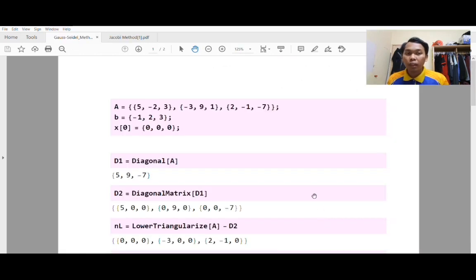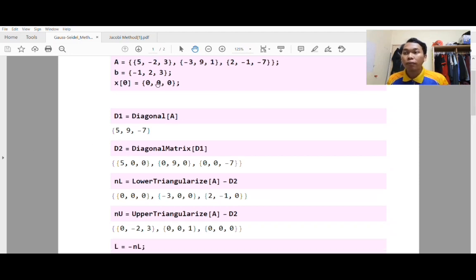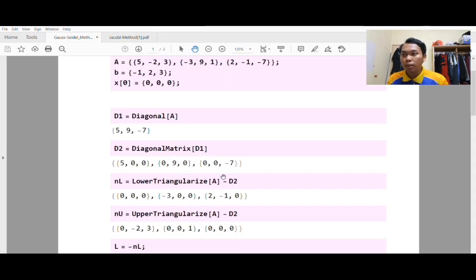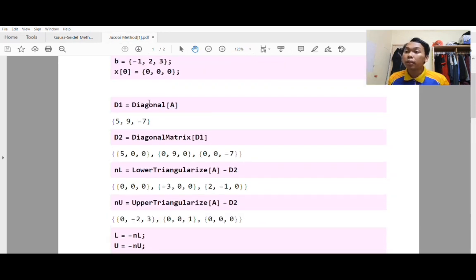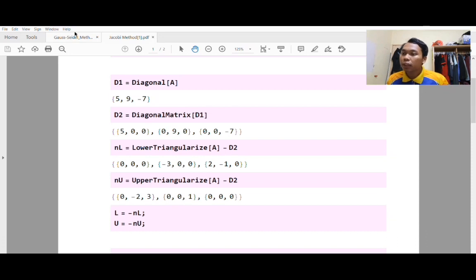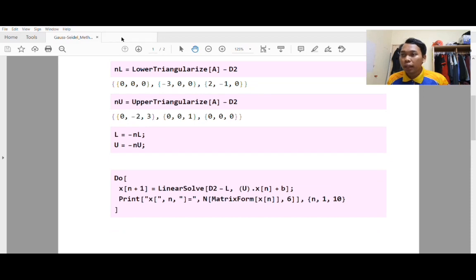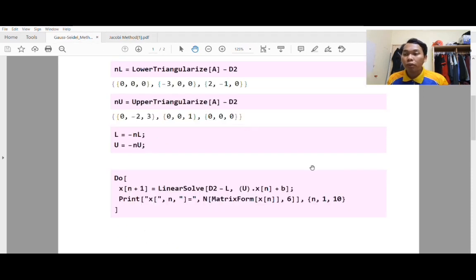For the mathematical method for Gauss-Seidel and Jacobi, it's also the same as the handwritten one. The similarity is in the first few steps, where for both methods we find D1, which is the diagonal, then the diagonal matrix D2, and L lower triangularized and U upper triangularized. We find L and U, and then the difference starts where we put the formula.